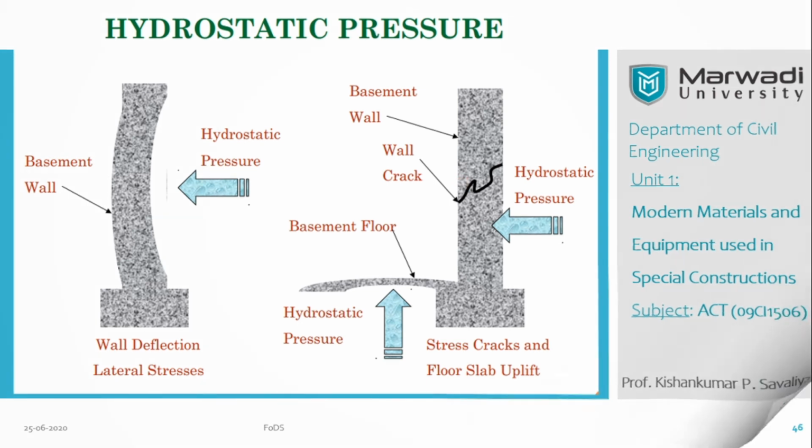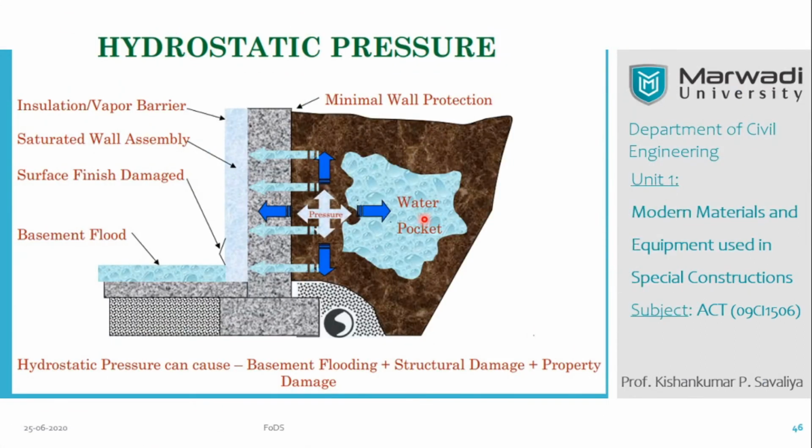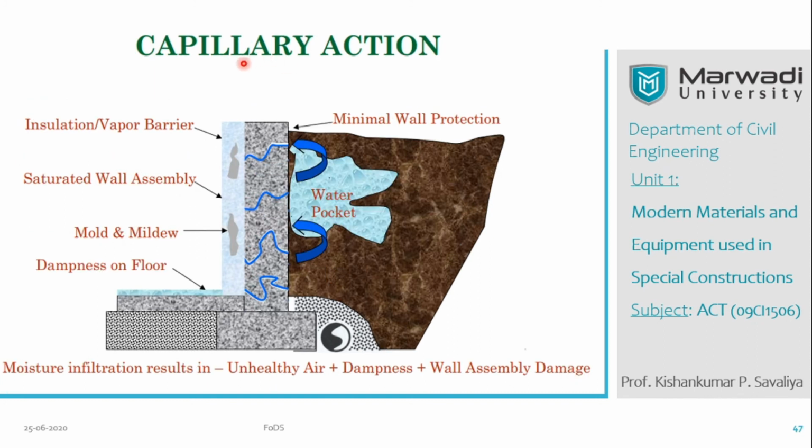Similarly, you can see a water pocket is also sometimes generated below the ground level, and that will create pressure on our structure. This figure shows you the various types of barriers in our construction. Hydrostatic pressure can cause basement flooding, structural damage and property damage. One more problem is capillary action.